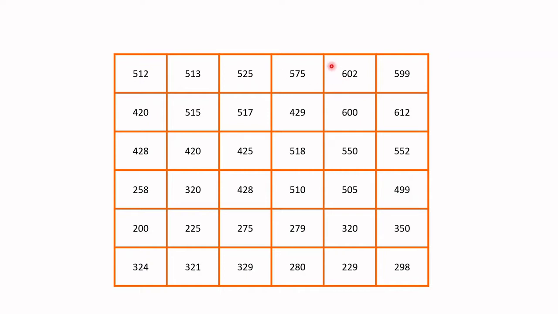Similarly, this pixel represents a given geographical area with an elevation of 602 meters. So DEM is nothing but an image with pixels, and each pixel is assigned a value which is the elevation of that geographical area from the mean sea level.